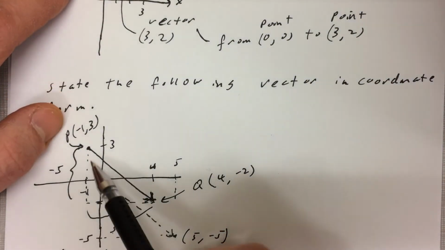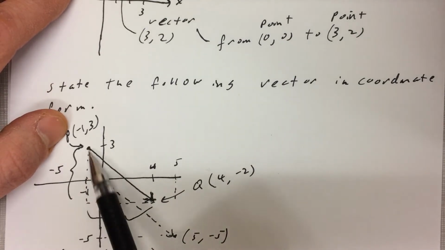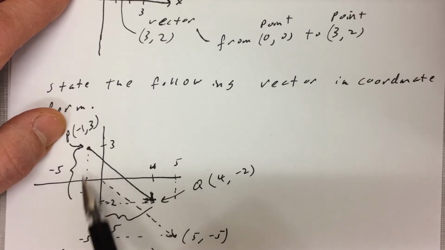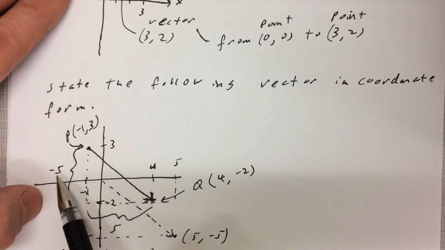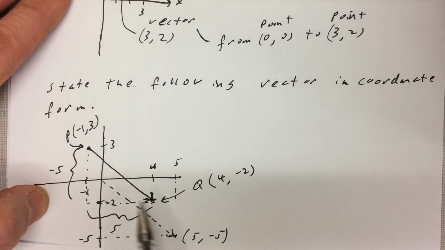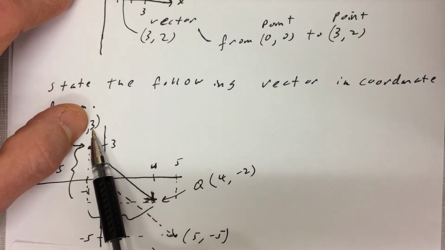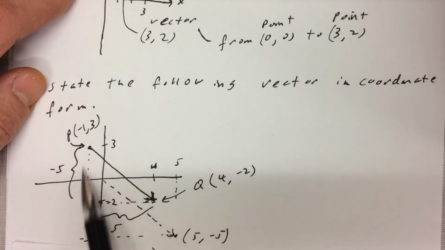If we do that, we're really just looking at the rise of this, or the vertical height of this line, or the vertical component of that vector, and we're actually going down 5. So -5 is what you're going down by, and then you're going across 5. So on the y, from 3 to -2 is going down 5.